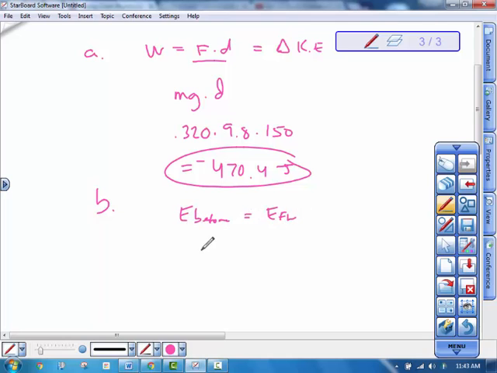So the energy before has to be 470.4 because that's basically how much energy gravity stores up in this thing, essentially.